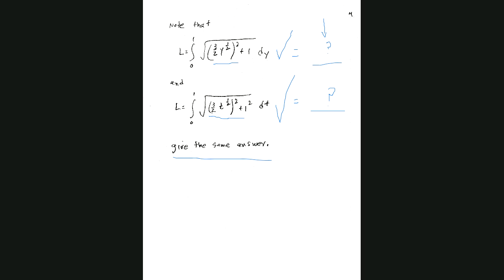Because what you're doing is saying, okay, let y equal t, and let x equal t to the 3/2. And so you're going from 0, 0 to 1, 1.